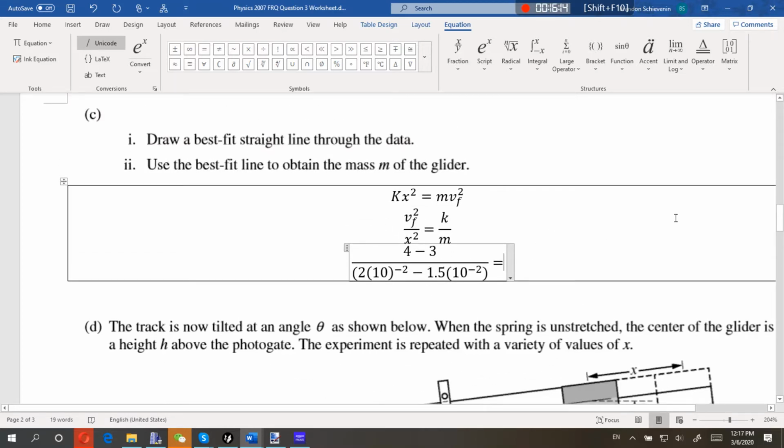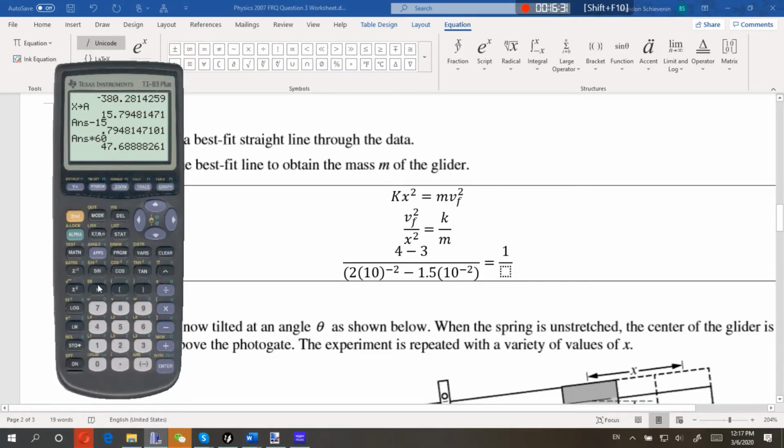So what do I get? 2 times 10 to the negative 2 minus 1.5 times 10 to the negative 2 is 0.005.